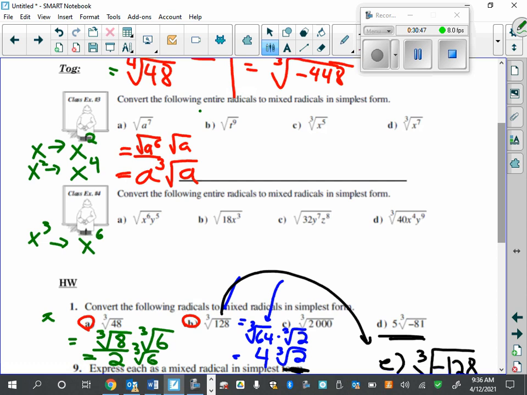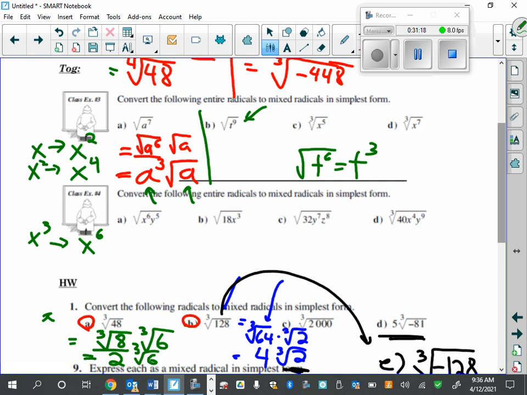So there's your perfect square, and there's your leftover radical. So basically, you're taking the highest even number that you can, and then the leftover part is going to be radical t. Unless it's even. If it was the square root of t to the 6th, it would just be t cubed right off the bat, because that's a perfect square.